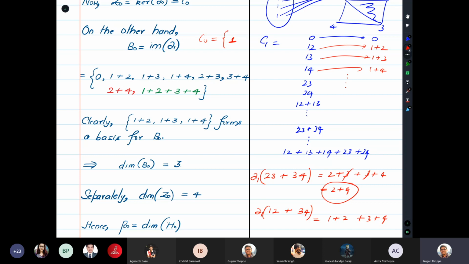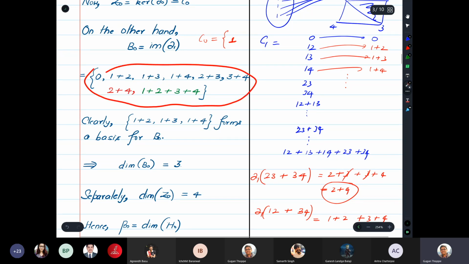So you can see that in B0 there is no such zero chain. In particular, there is no such zero chain whose support is 1, and similarly, there is no zero chain whose support is 3, right? So all those things are not present in B0, right?